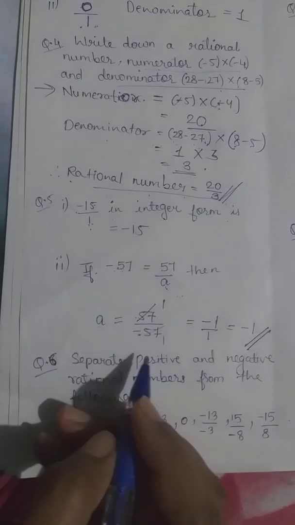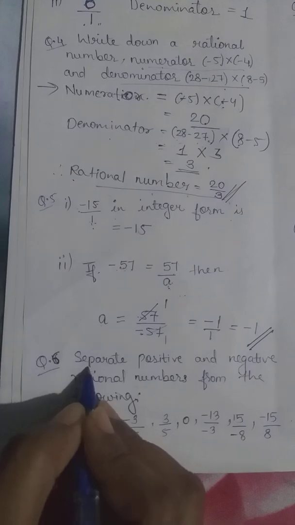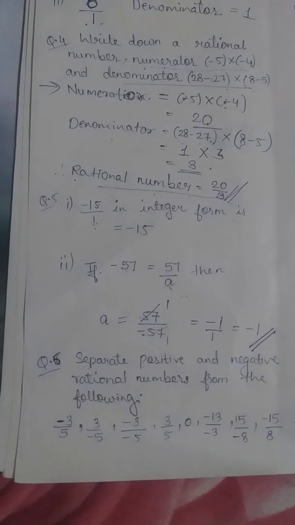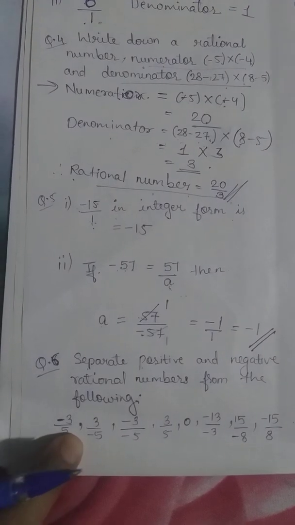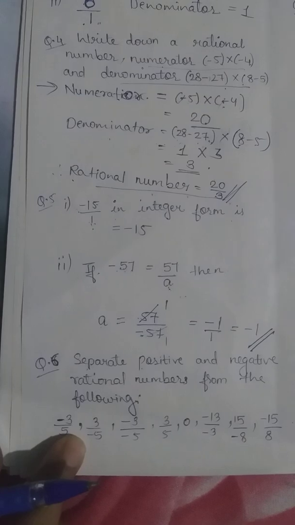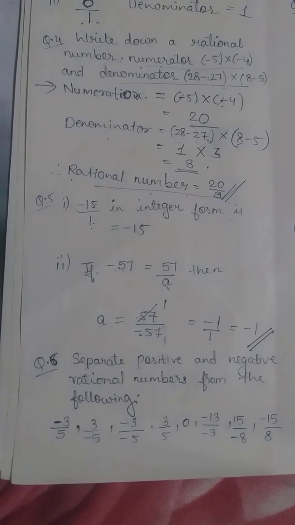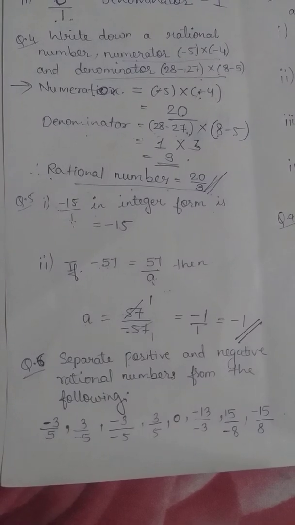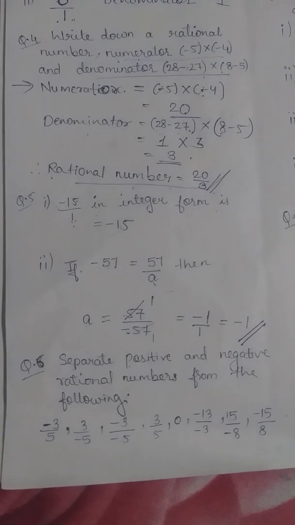Now the next question. Separate positive and negative rational numbers from the following. So before this, let me remind you the rule, what we had done in the last session. Remember, I have told you positive multiplied by positive or divided by positive will remain positive.